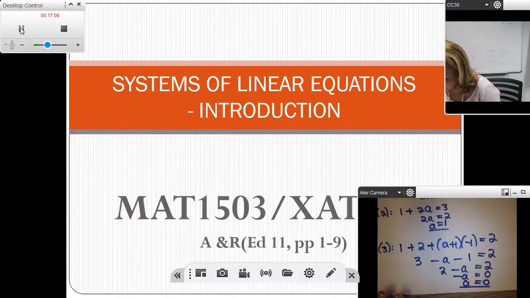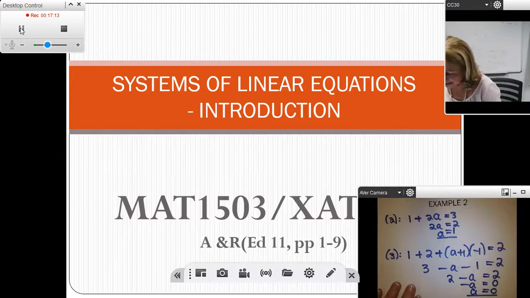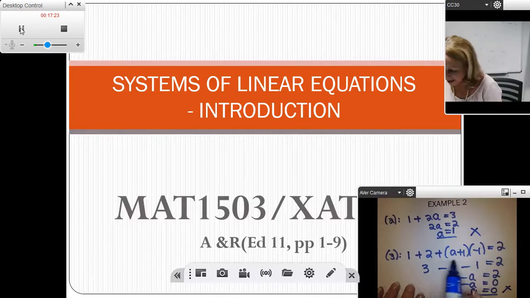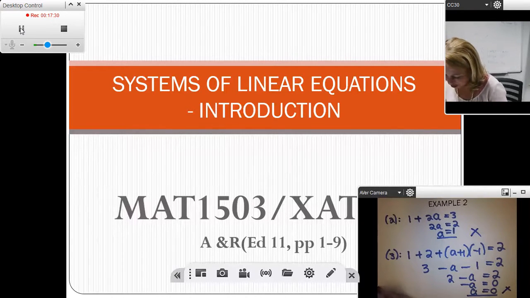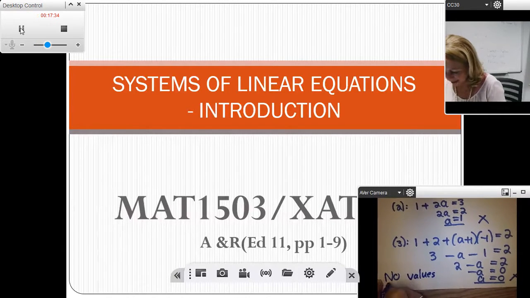The point I'm trying to make with this example 2 is that if I had exactly the same question, for which values of A is 1, 2, negative 1 a solution, because you are getting two different values for A when you substitute it into equation 2 and into equation 3, your conclusion is that there is no value for A that satisfies this solution.